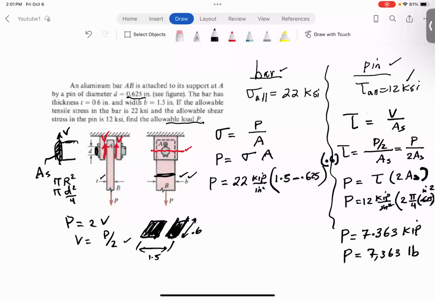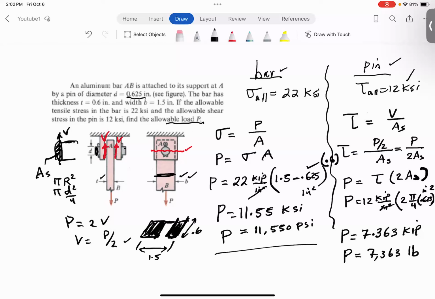So that's why we remove this 0.625 from that. Okay, so if you do the math, again, inches squared here with the inches squared from multiplying those two cancel, right? So this time we get 11.55 kip, right? Or 11,550 pounds.